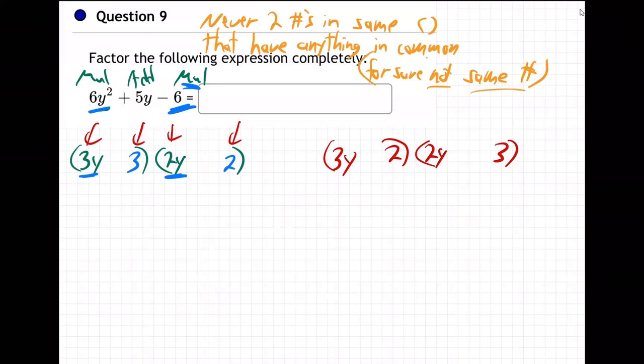So in other words, this one's for sure wrong. Why? Because they have 2 3s in the same parenthesis and they have 2 2s in the same parenthesis. You're never going to have that.